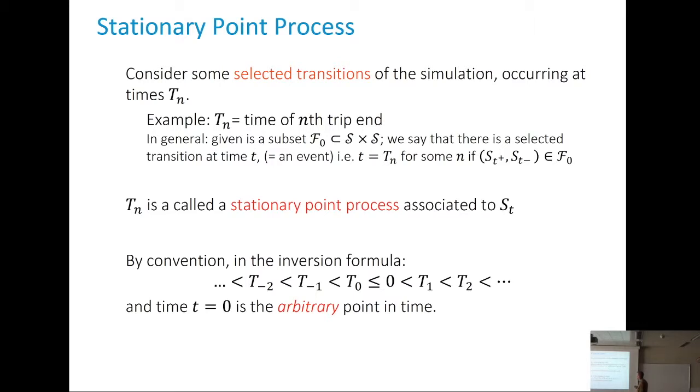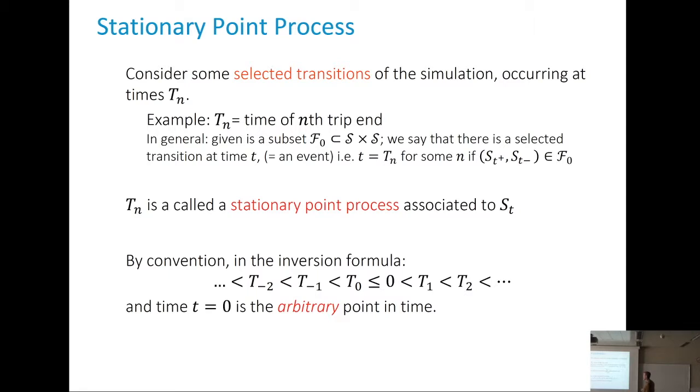For example, if the simulation state is a queuing system, it could be an arrival. An arrival is when the number of customers in the queue increases by 1. So the set F0 is the set of all possible pairs of states such that the first coordinate and the second differ by exactly 1, positive. Such a thing is called a stationary point process.